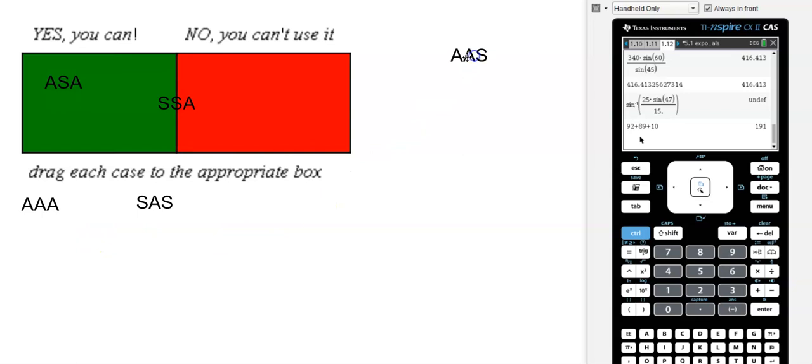So if you have AAS, let's draw that out for a second. Say we're given this angle is 40. This angle is 60. And we're given a side that's not included. Let's say this is 10. Could we solve that triangle using law of sines? Well, we know this angle would be 80, because of 180.